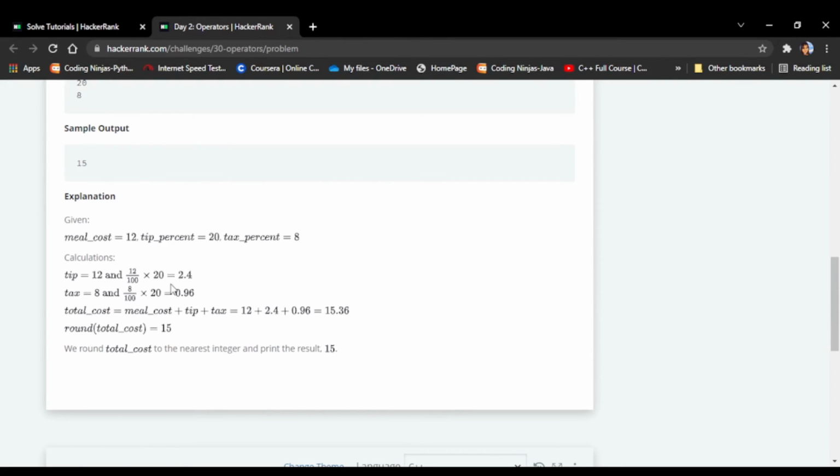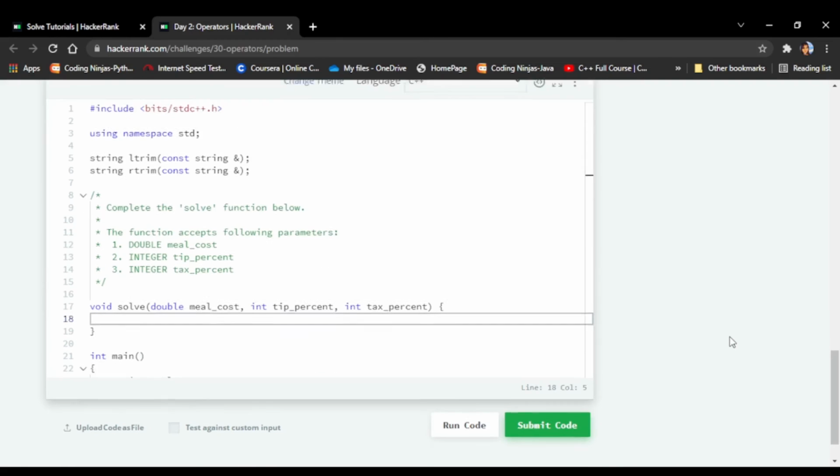So first we have to calculate the percentage.